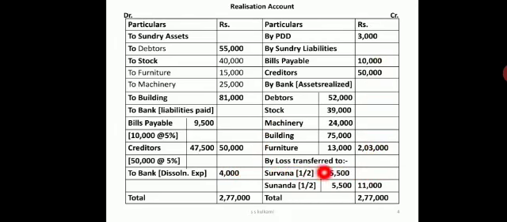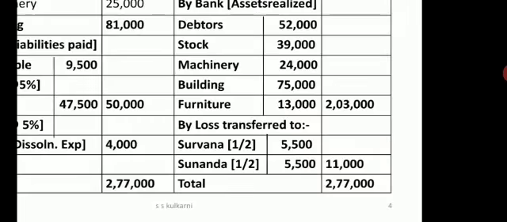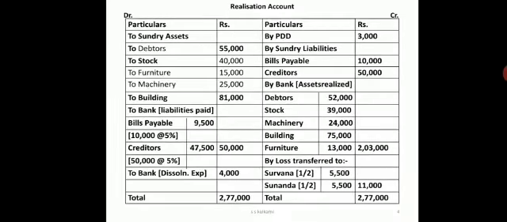The difference between debit and credit is 11,000. So this 11,000 is distributed equally among the partners. So both are getting 5,500. Now it comes to an end of the realization account.